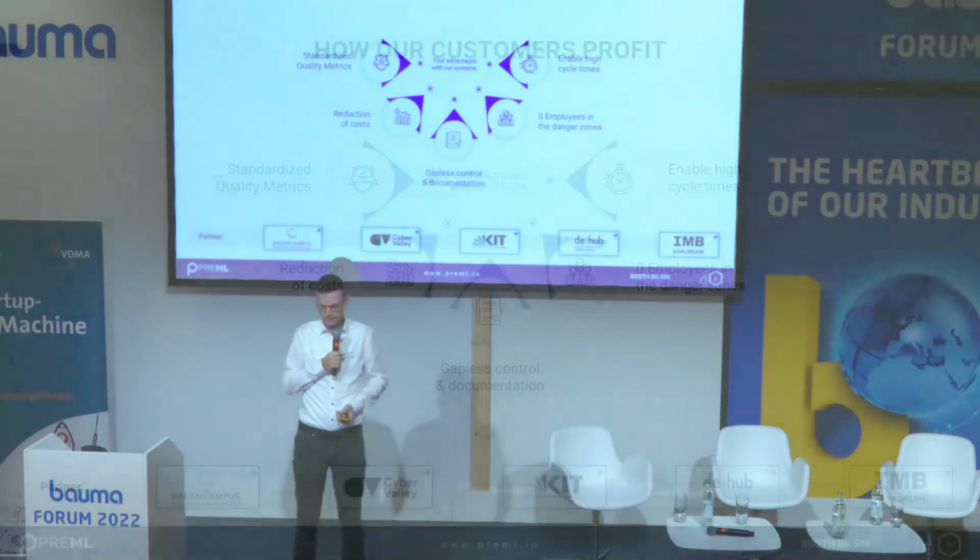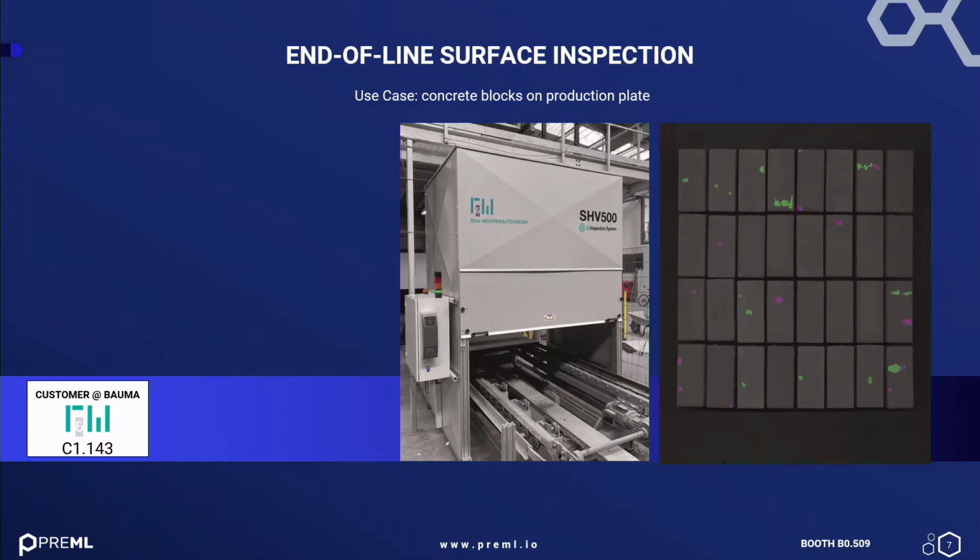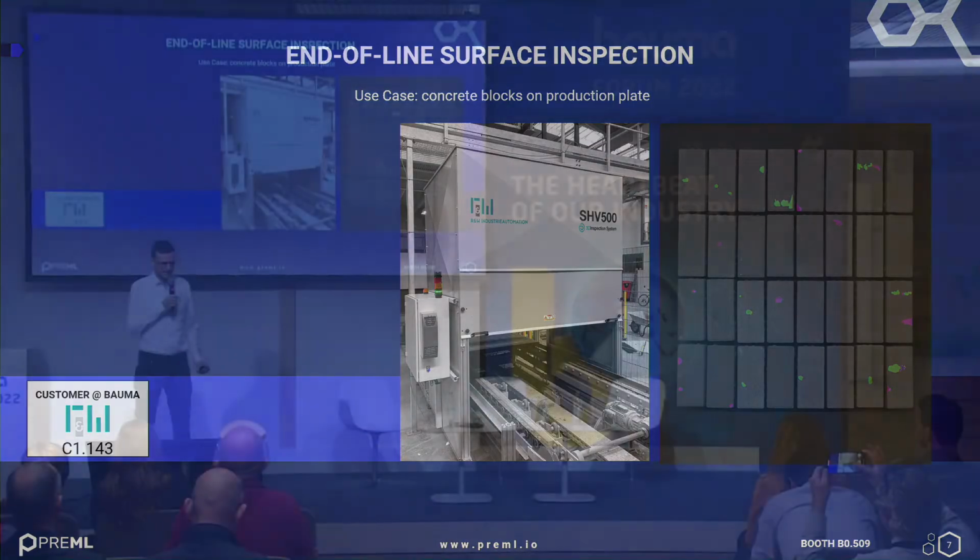We also need strong partners for doing so. We're quite well connected with AI research centers, but also from the concrete background. And here's another use case. The customer is also here at bauma.